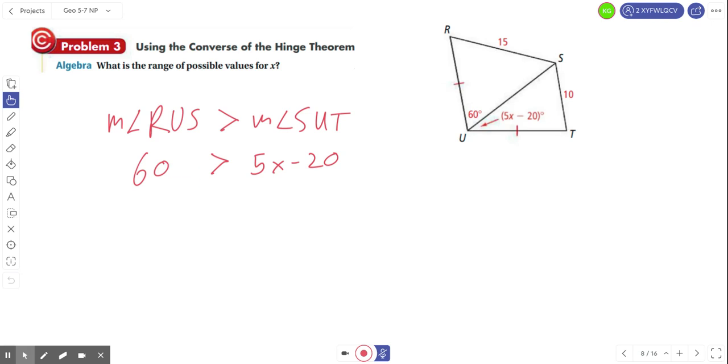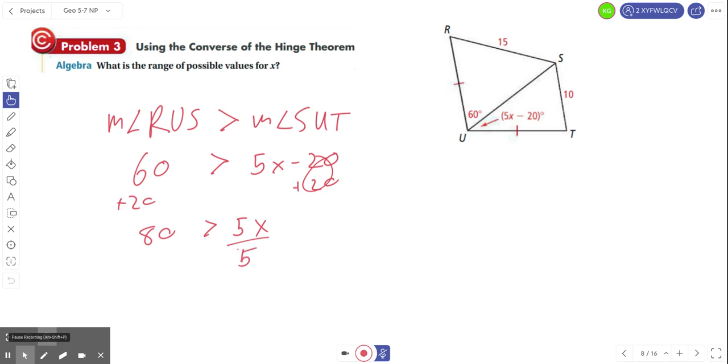Okay. And then we can solve that. We'll go plus 20 on both sides. 60 plus 20 is 80. 80 is greater than 5x.